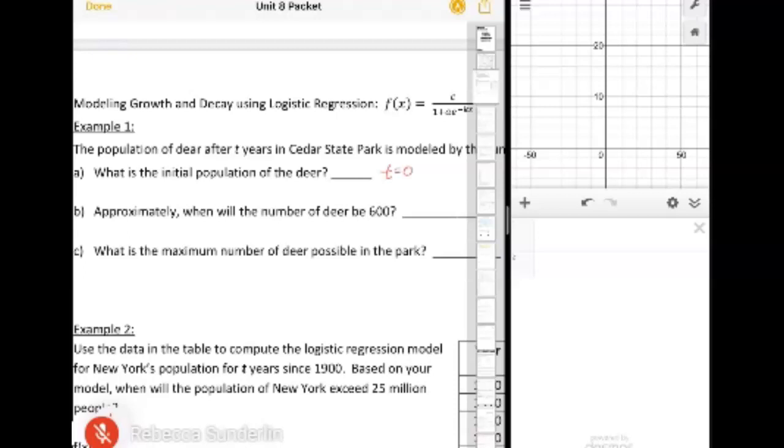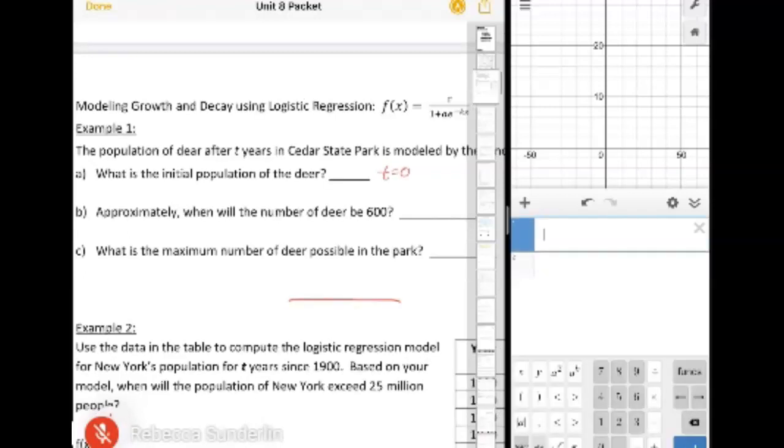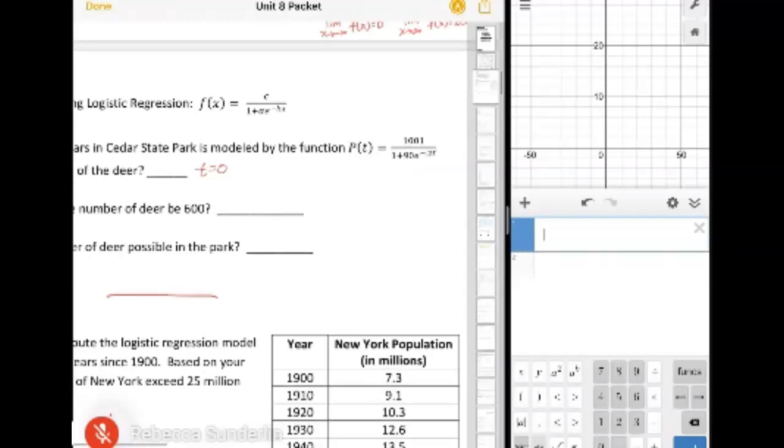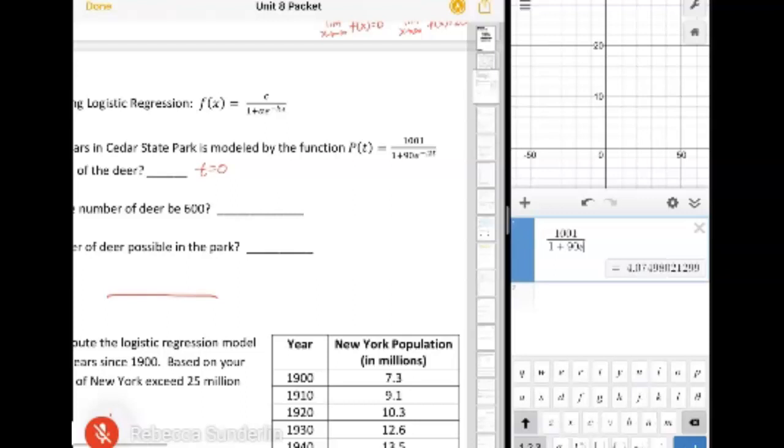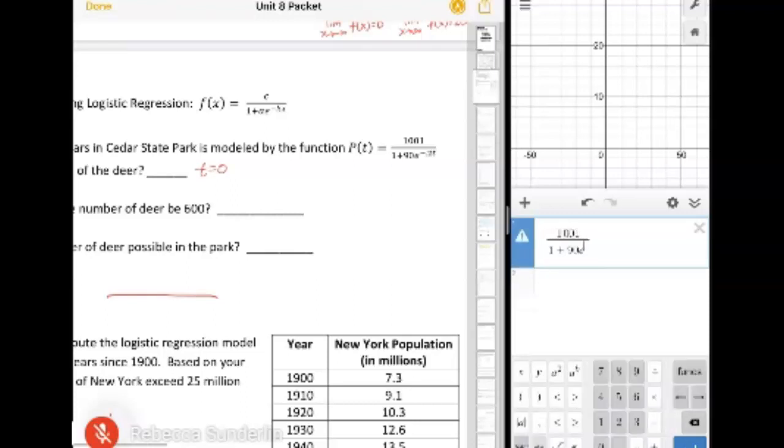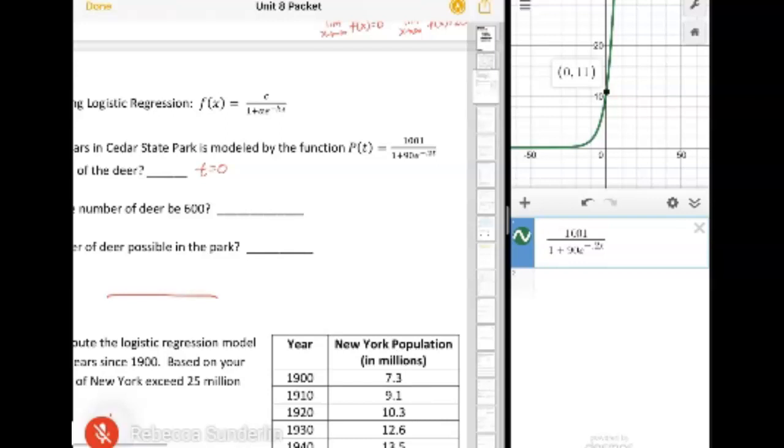So what you do, you put your function into your calculator. So 1001 divided by 1 plus 90e raised to negative 0.2 times x. So that's our function. And we want to know when x is 0, what is our population? On your calculators, I like graphing calculators more because we can just look at our table.